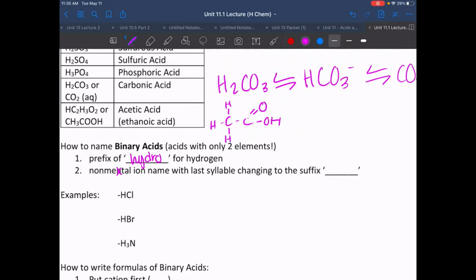So typically we have chloride, fluoride. We change that "ide" to the suffix "ic." So what we did have before as our chloride becomes chloric. And so we put that prefix on, and then we have hydrochloric.